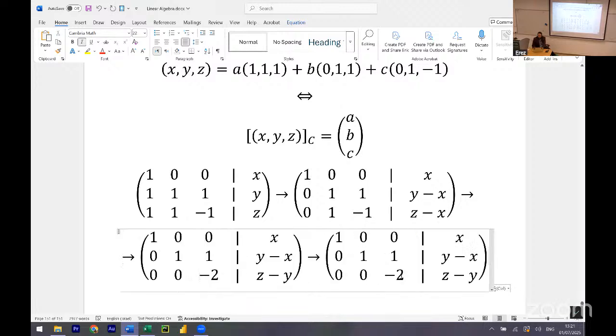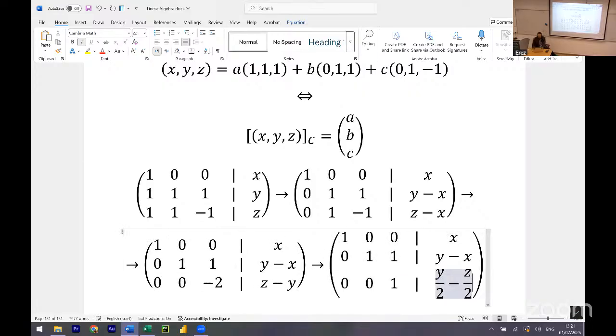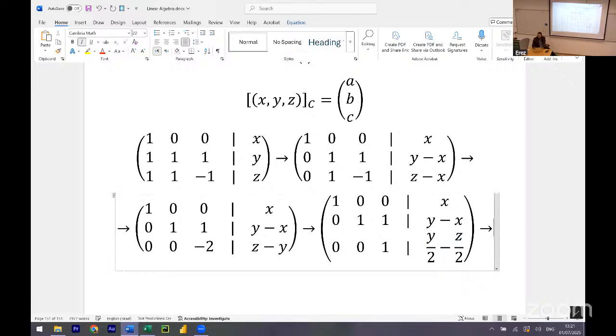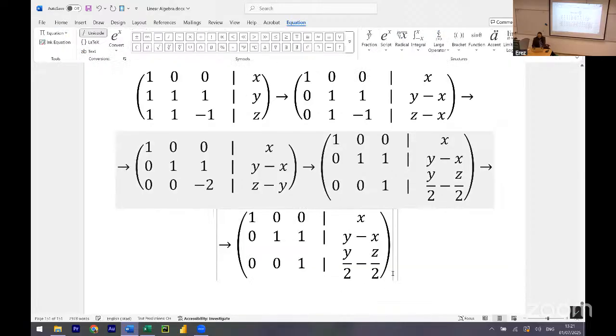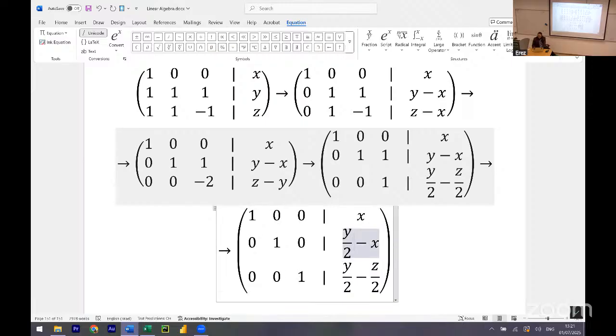So that's 1, and that's half of y minus half of z. And lastly, y minus x minus half of y is half of y minus x plus z over 2.